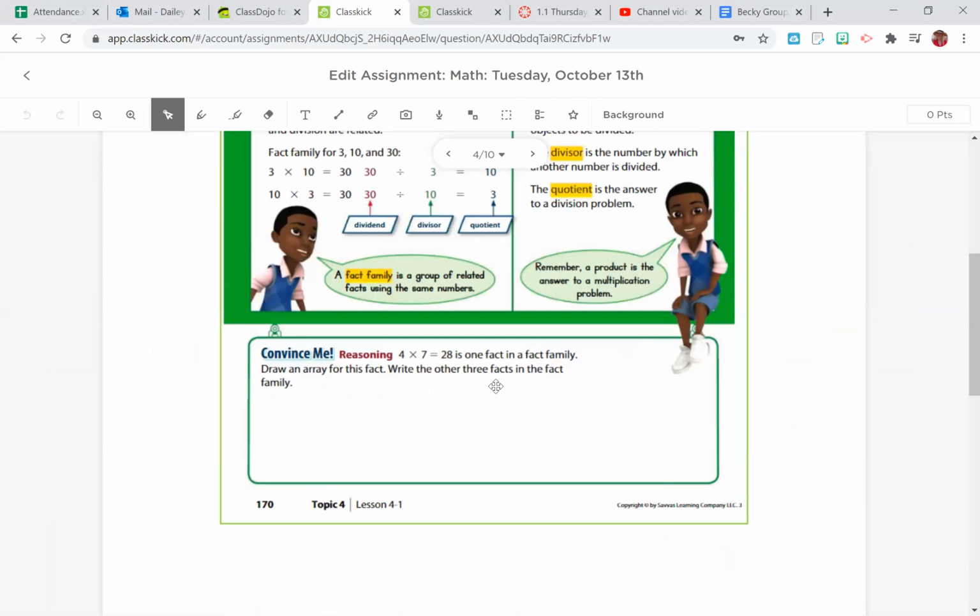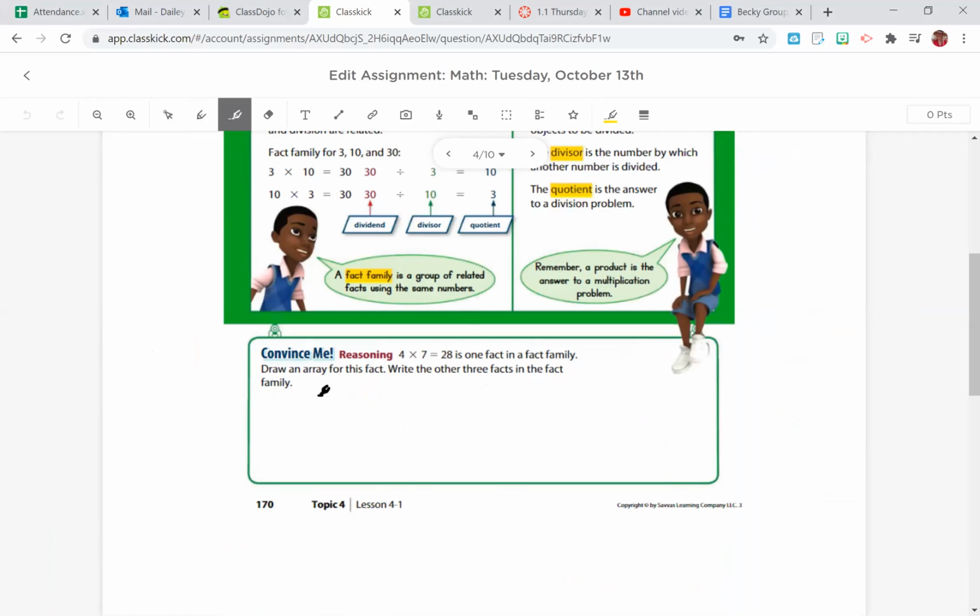So we need to draw an array of 4 rows. 1, 2, 3, 4, with 7 in each. 1, 2, 3, 4, 5, 6, 7. Let's see. 1, 2, 3, 4, 5, 6, 7.